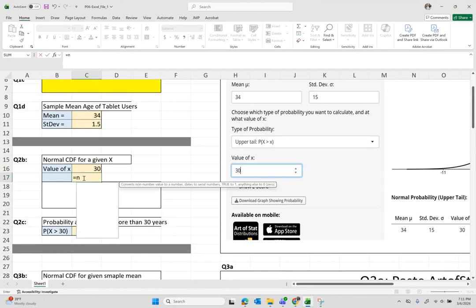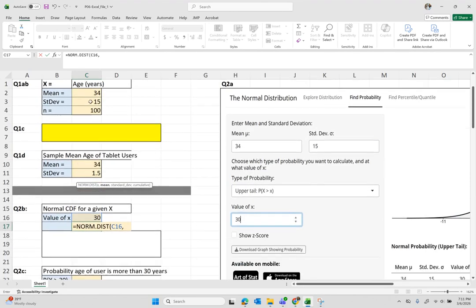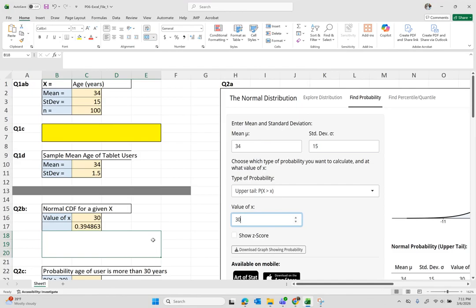So equals norm dot dist. So here is the function. They want x first, by location, so don't type it in, just click on the 30, put a comma, then they want the mean. The mean of the individual ages is up here, comma, then they want the standard deviation of the individual ages, which is in C3, comma, and then do we want a CDF? The answer is yes, we do. So true over here, and then close the parentheses and press enter.